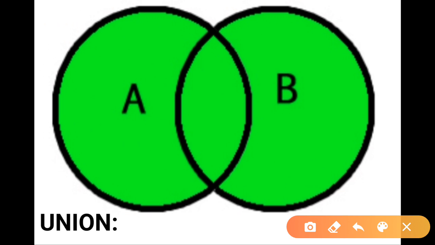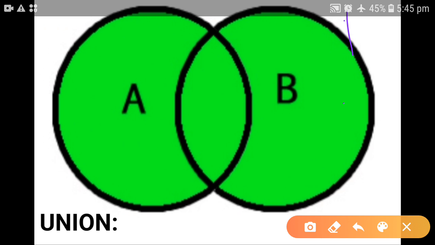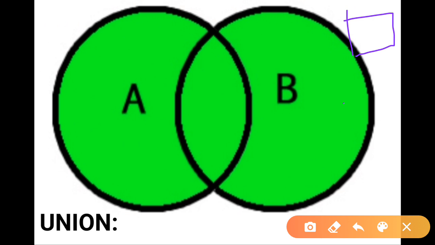The first one, union. Actually, in Venn diagrams, the sets are drawn using circles, and for the universal set we use a rectangle only, right?